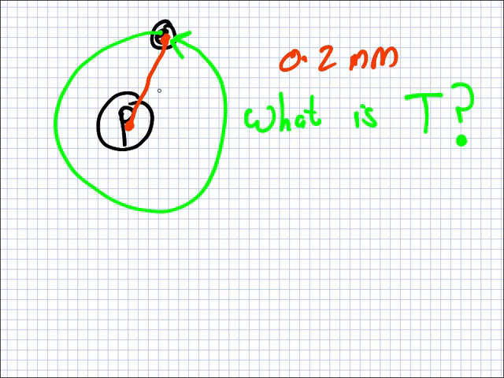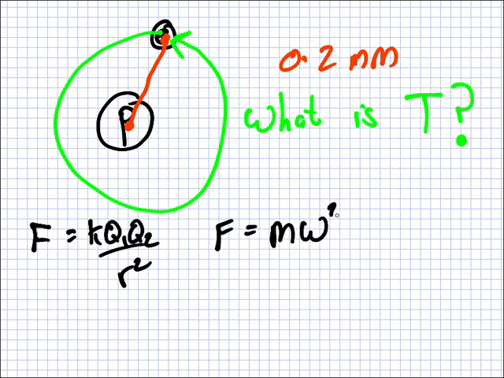Do you think you know what to do? So, you have F equals K Q1 Q2 over R squared. And you also have F equals M omega squared R. Yeah, good. And you make them the same.